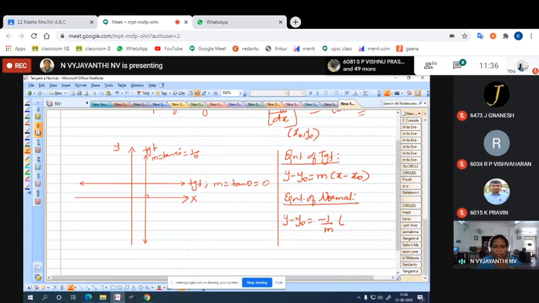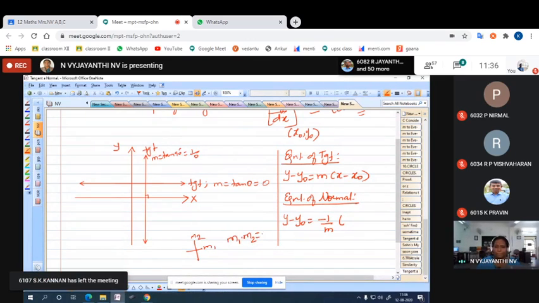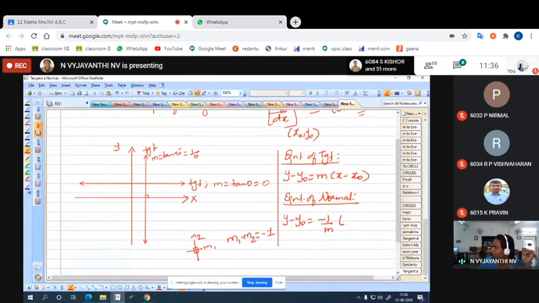Because if two lines are perpendicular, and their slopes are m1 and m2, then m1 into m2 is equal to minus 1. So m1 will be equal to minus 1 by m2. We know that tangent and normal are perpendicular to each other, so slope of normal will be equal to minus 1 by slope of tangent.